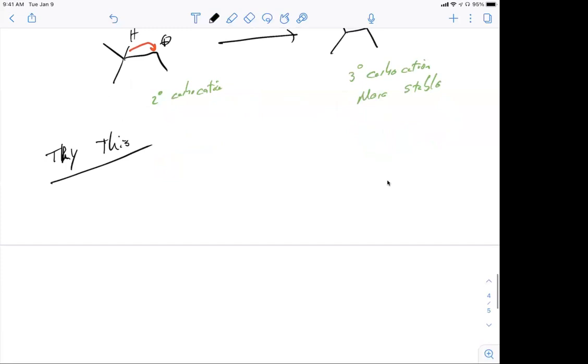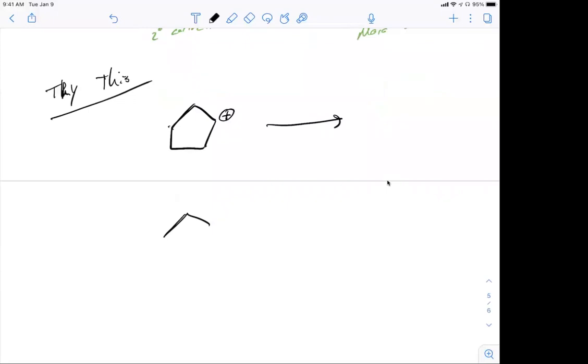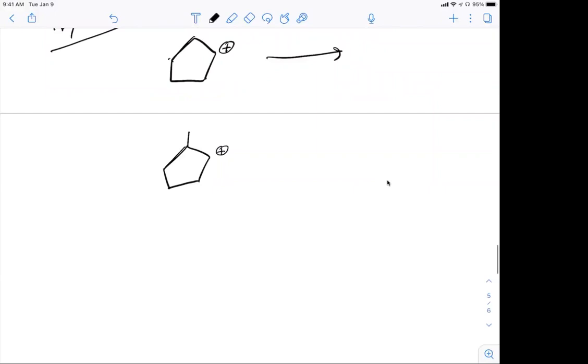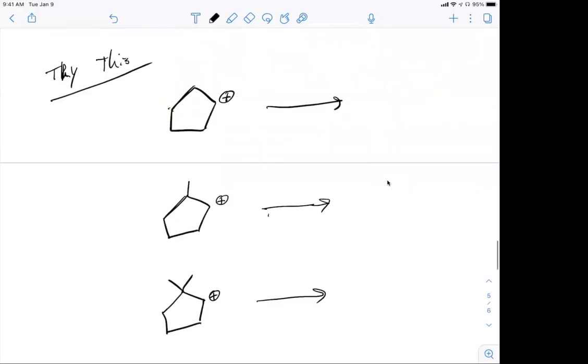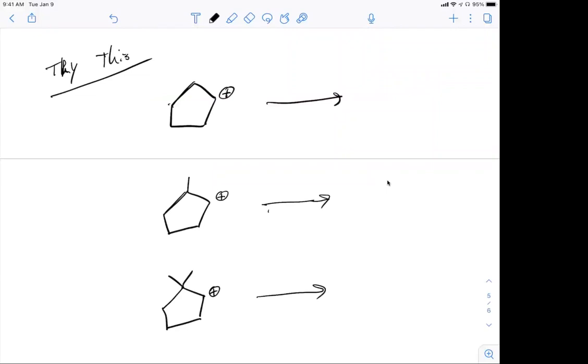You tell me if a methyl or a hydride shift would occur or would not occur based on the structure, and then show me what the products are. So let's take a little time and think through this one.